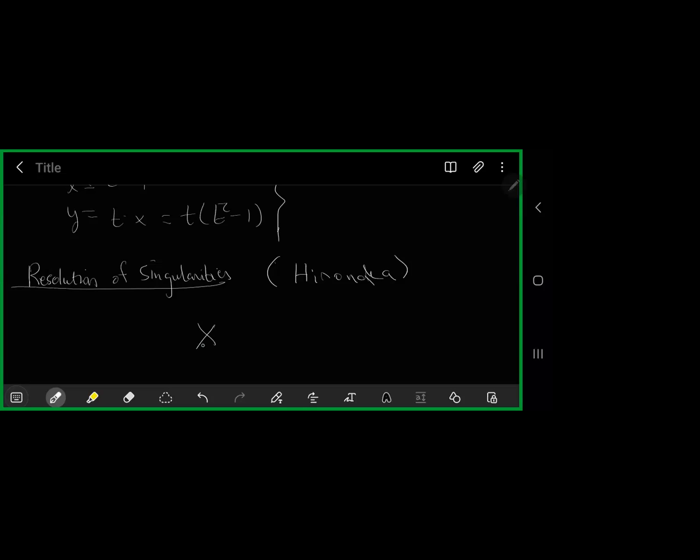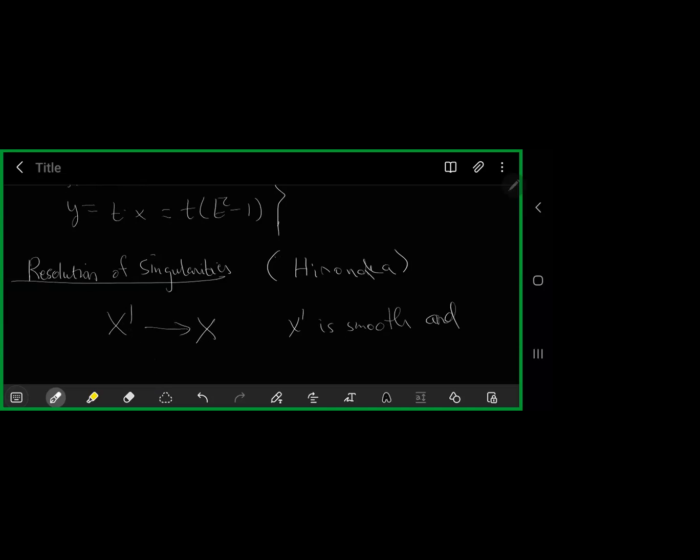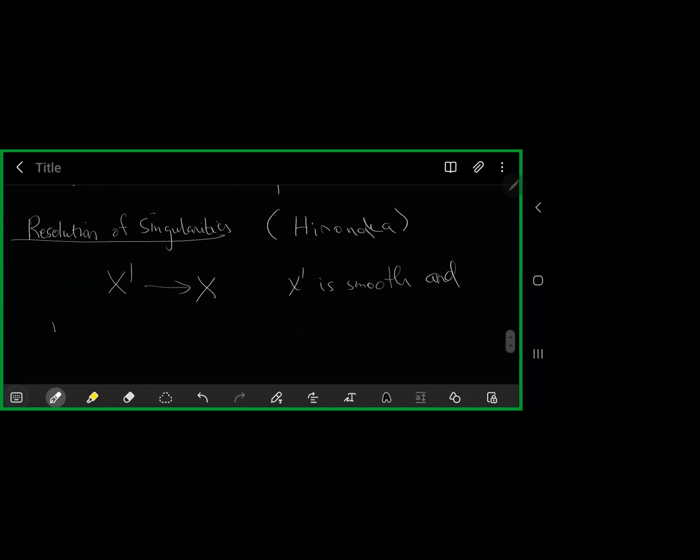So if I give you a space x, you can find a map x prime to x. You can even say much more than that, so that x prime is smooth, and you want to modify only the singular parts.